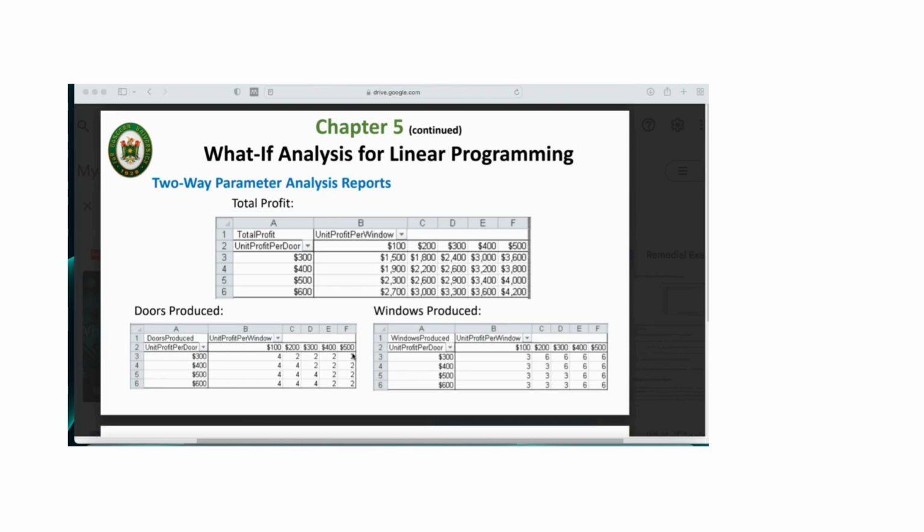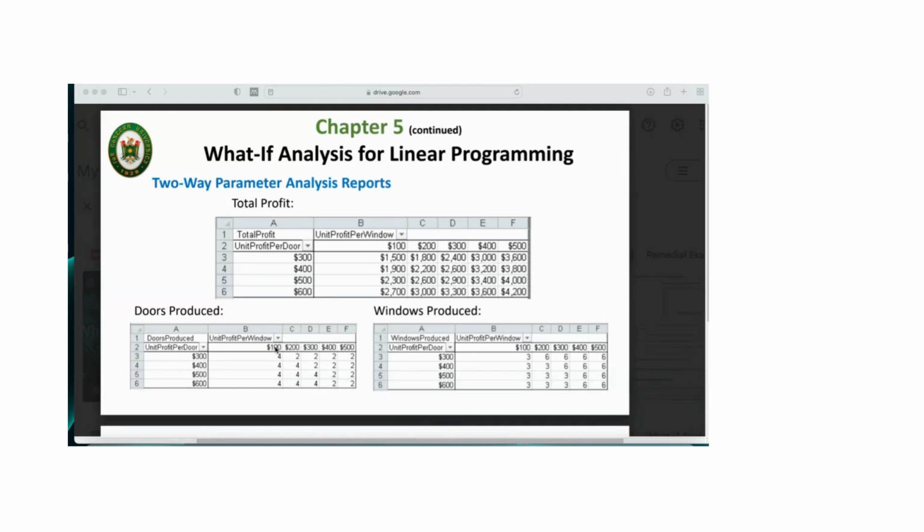So let's take one combination. The original unit profit per door is 300; if we change it to 600, an increase, therefore we need to decrease the unit profit per window. So from 600, we decrease the window profit to 100.